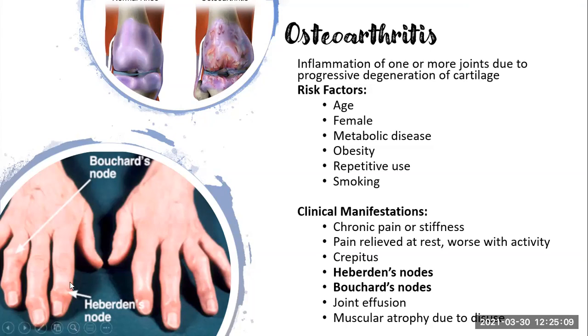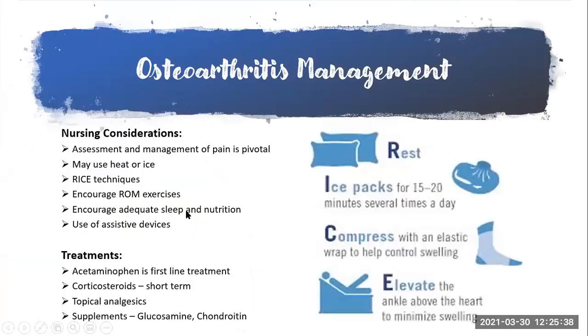Those are at the distal interphalangeal joints, versus Bouchard's nodes, which are at the proximal interphalangeal joints. So know the difference between those. Joint effusions may occur. These are more likely to occur with rheumatoid arthritis, but definitely can occur with osteoarthritis. And over time, you have muscular atrophy.